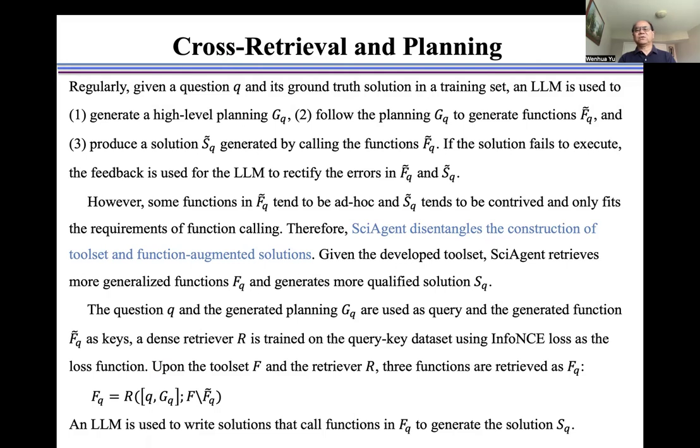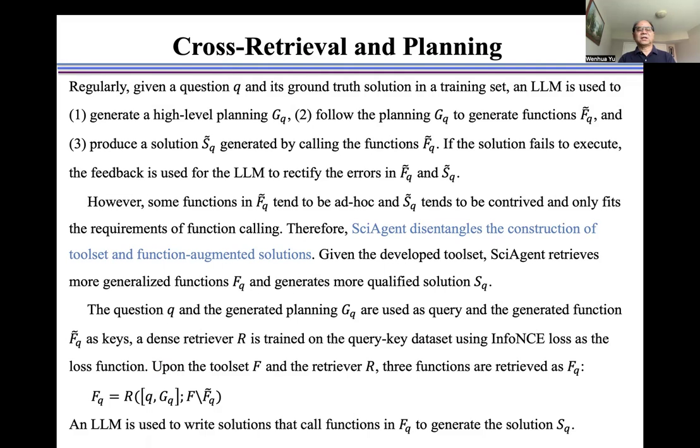If the solution fails to execute, the feedback is used for the large language model to rectify the errors in FQ tilde and SQ tilde.